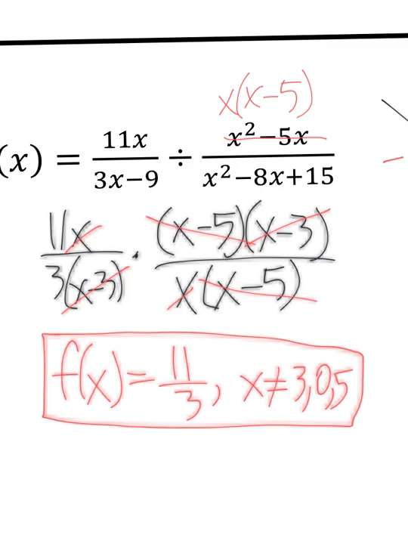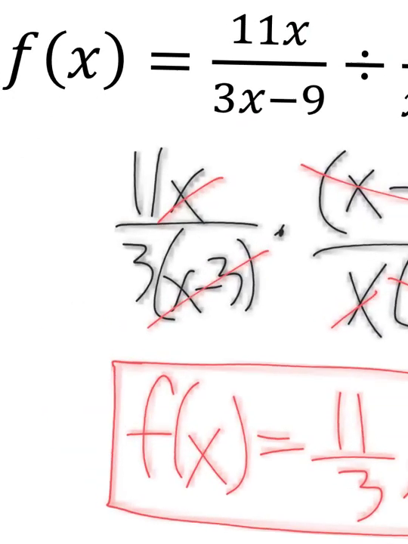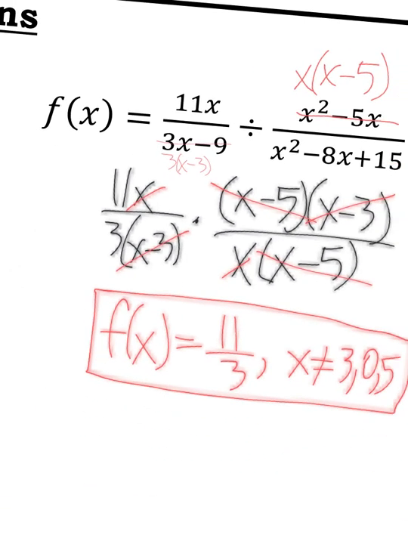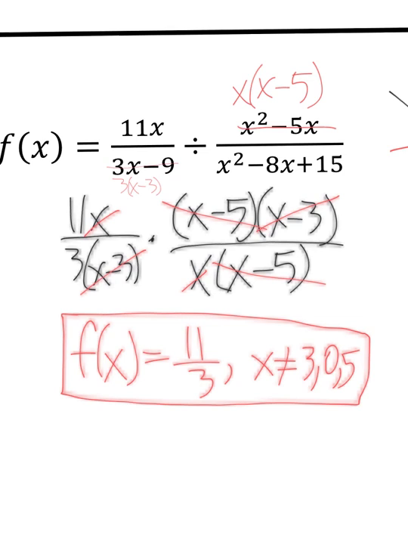and then the 3 times x minus 3 came from me factoring out a 3 right here because they both have that in common, because 3 times 3 is 9. So that's how I got everything I wrote in black. And then I just canceled out like terms, x minus 5 over x minus 5, x minus 3 and x minus 3.